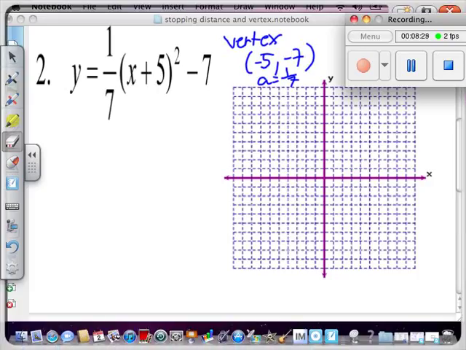We need to plug in 0 for y again. And our first step, can I have somebody raise their hand? What's my first step? Yes, let's add 7.